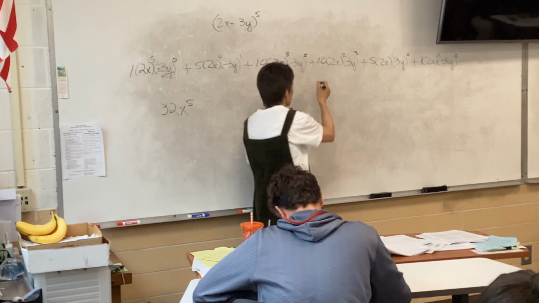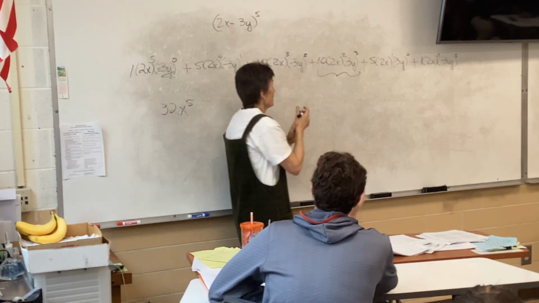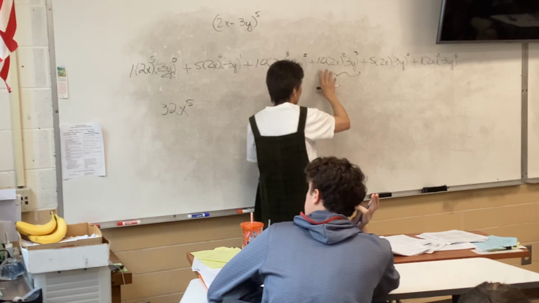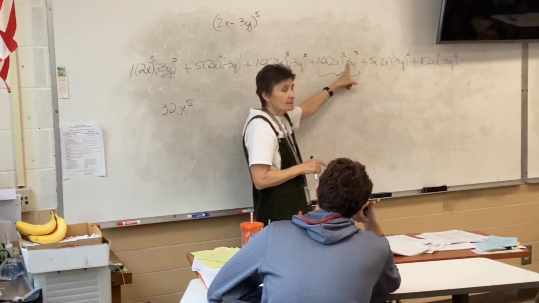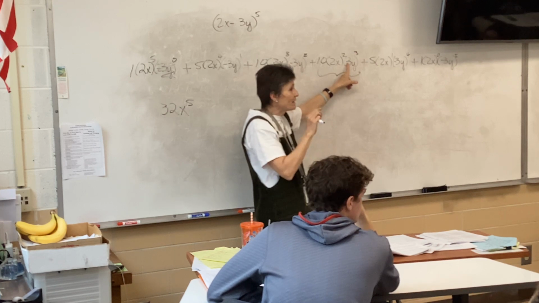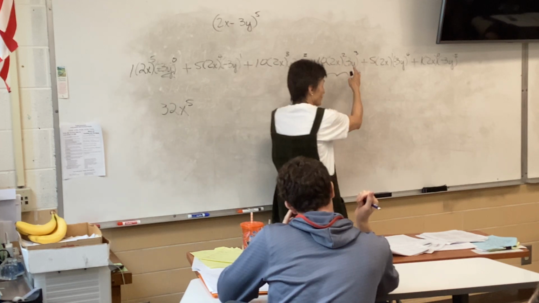Now, let's look at this term right here. We have to simplify all of them. All that is multiplied. I know there's a negative in there. Deal with that, but don't put it in the middle of the term. It's not a subtraction. This is all multiplied.